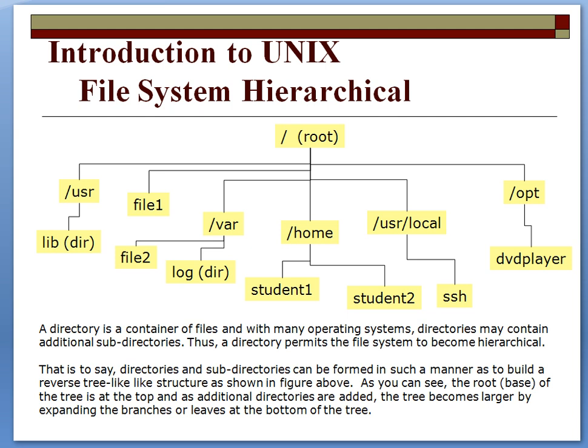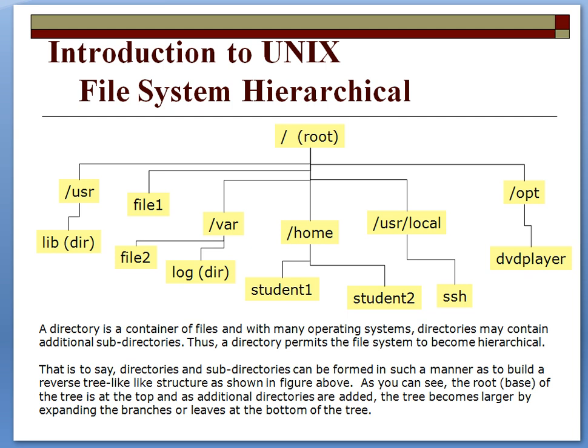Unlike Windows, Unix and Linux have a different hierarchical setup. Windows has different drives: C drive, D drive. One disk can have many drives, or one disk can have one drive. With Unix, the disks are partitioned, and those partitions are bound to a file system.